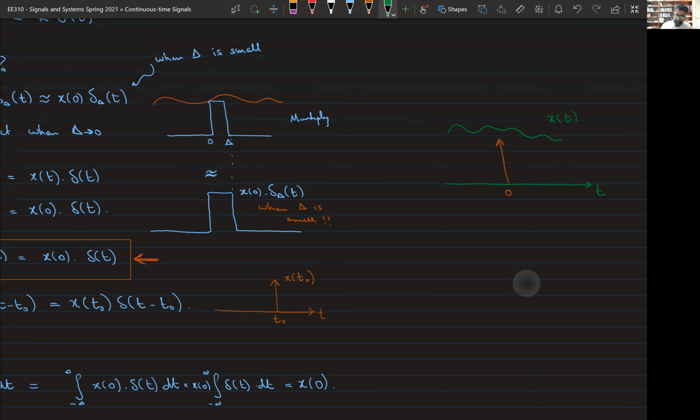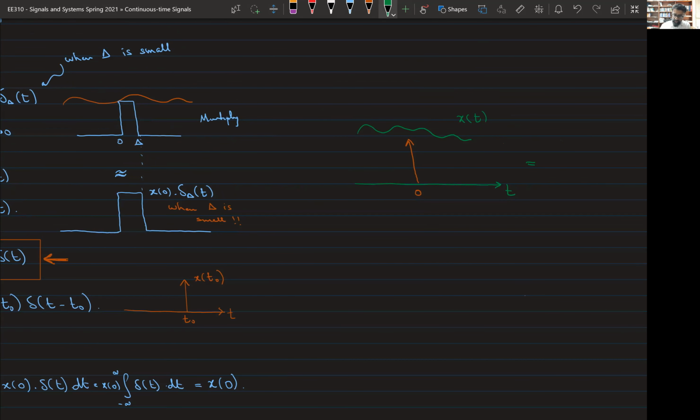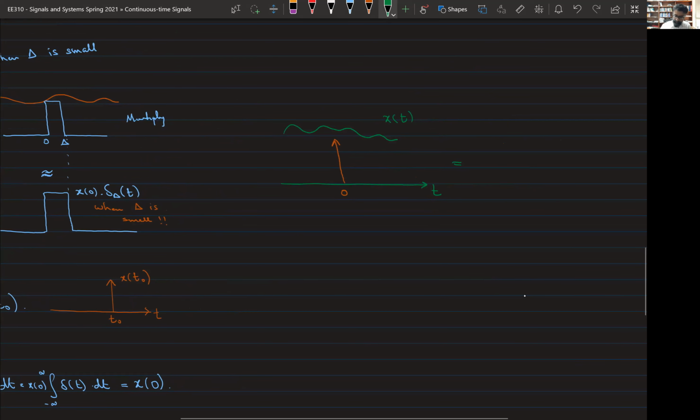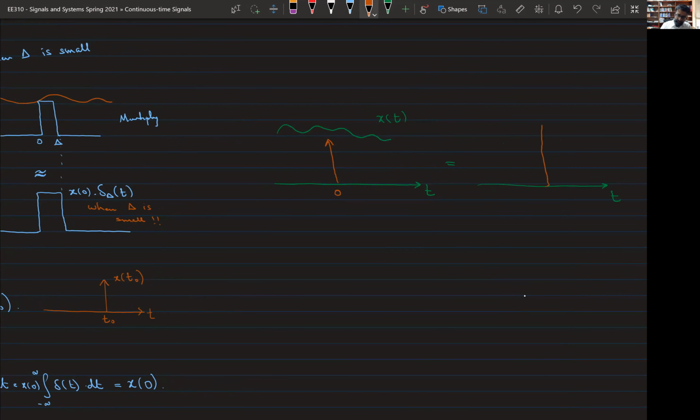What I get is an impulse which once again resides at time t equals 0, except that the area under that impulse, or the height of that impulse, is going to be equal to x of 0. In other words, the value of x of t that existed at time t equals 0 is what we've sampled, in the form of an impulse. So that's the sampling property of the unit impulse.